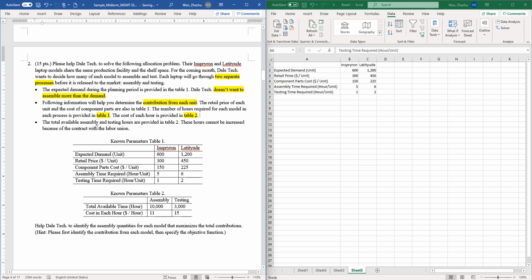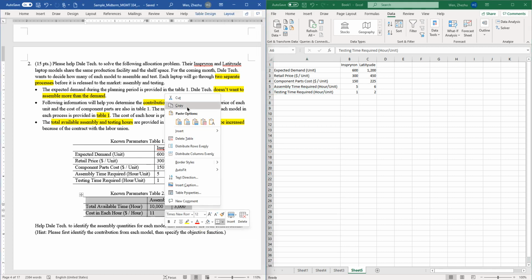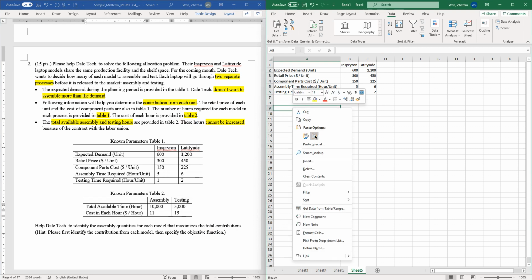The total available assembly and testing hours are provided. So it reminds you that there is an hour capacity, an upper bound you need to consider, which cannot be increased. I already copied table 1 to here, and I'm going to copy table 2 here as well.